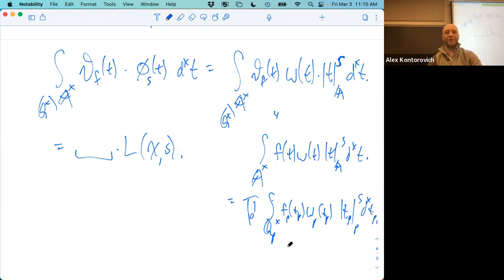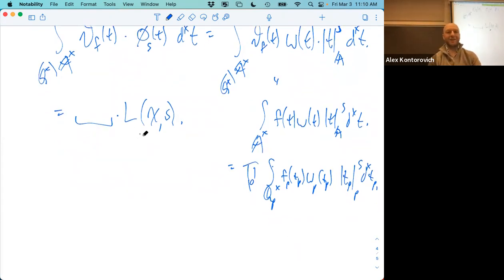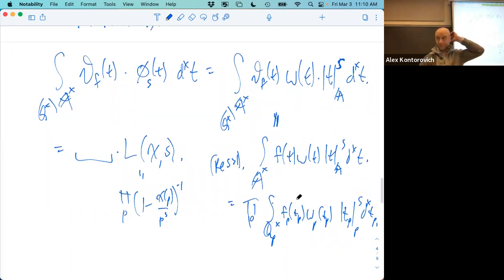And for almost all of these, we got the local factor here, which is 1 minus chi of p over p to the s, inverse. And this was only valid when the real part of s is greater than 1. All of these equalities so far were only valid when the real part of s is greater than 1.